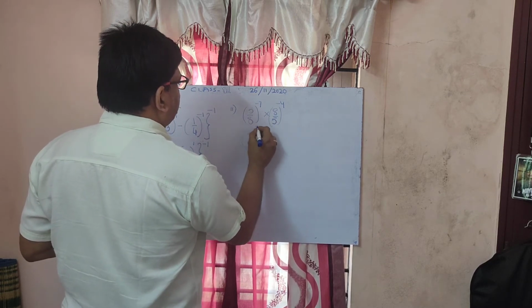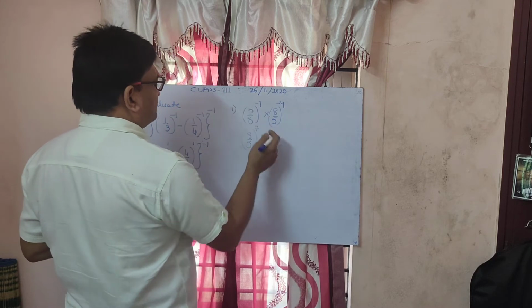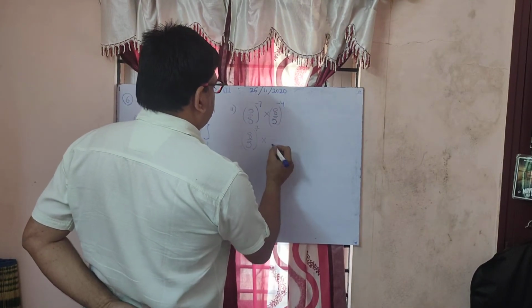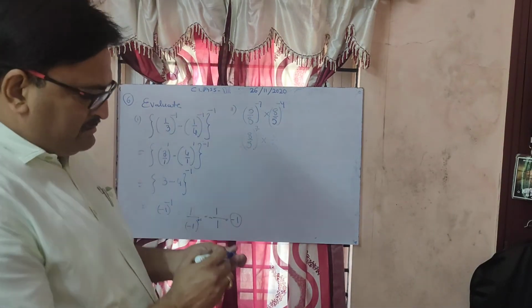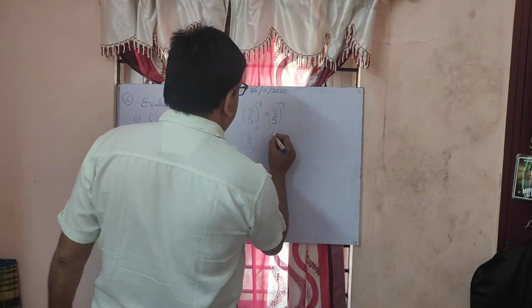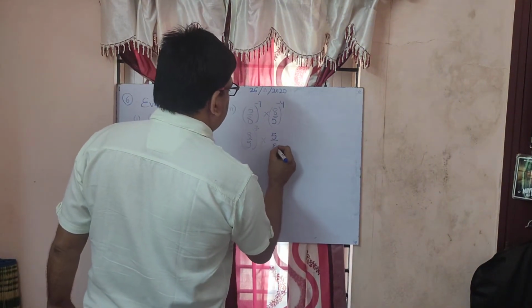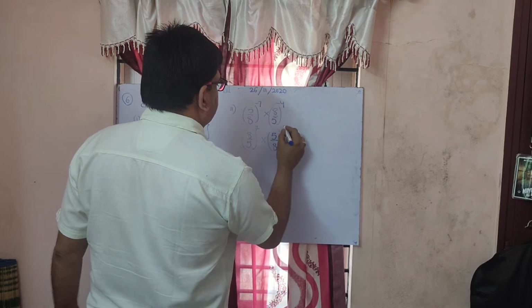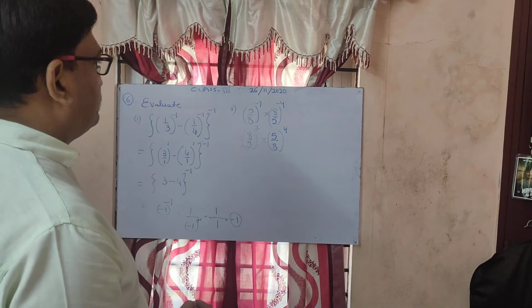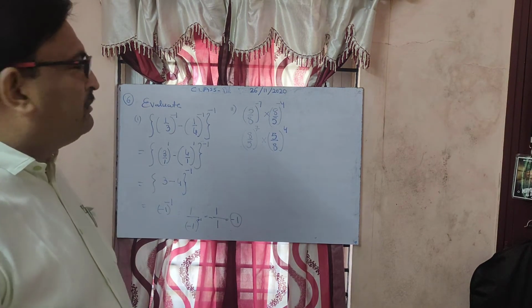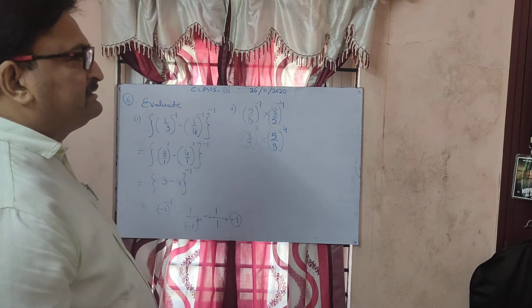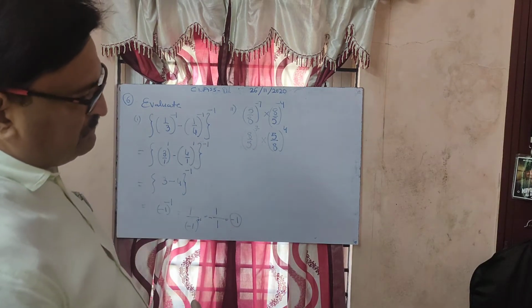Reverse the number. 5 upon 8, 5 upon 8 raised to 4. So what we did now? First of all, we made the powers positive.